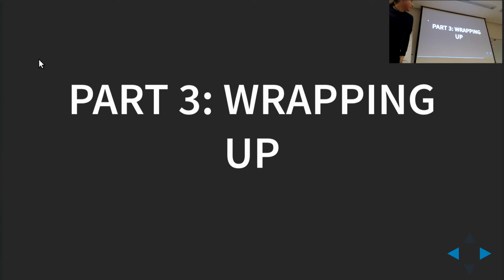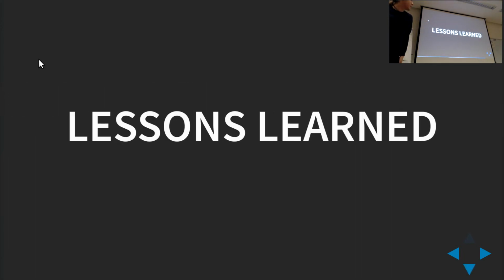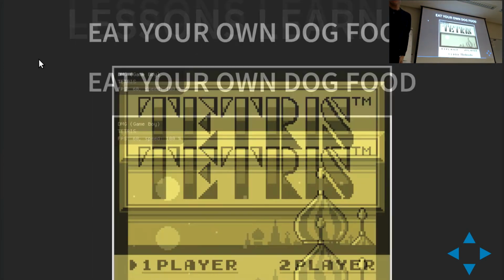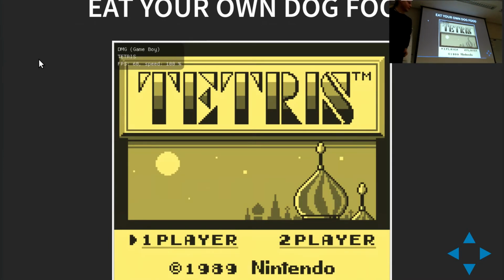Okay, so let me try to wrap this up. I still have some things here, some lessons I've learned. This is very important. I didn't mention this before in this presentation, but eat your own dog food, which means if you are writing a library, make sure you also use it. So this is a screenshot from my Game Boy emulator, where you can see that there's a small overlay there.